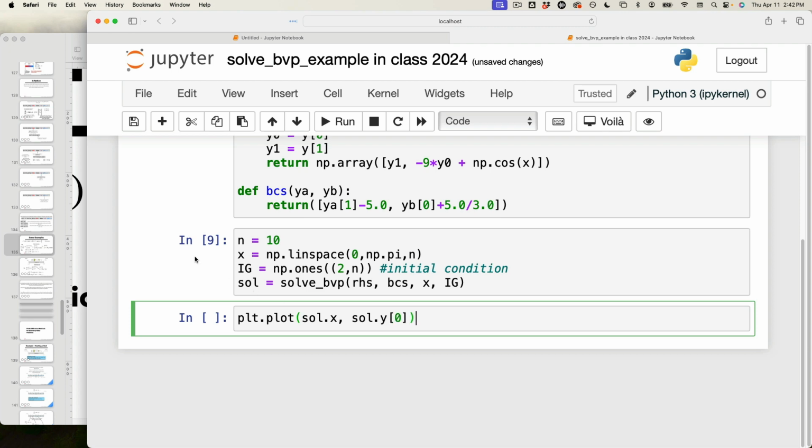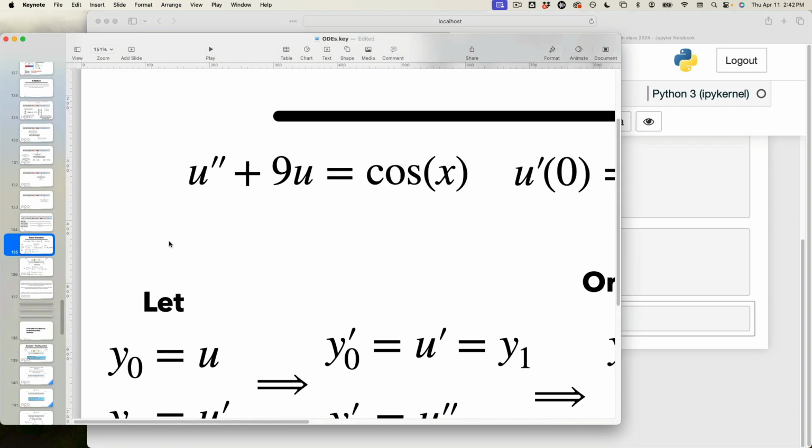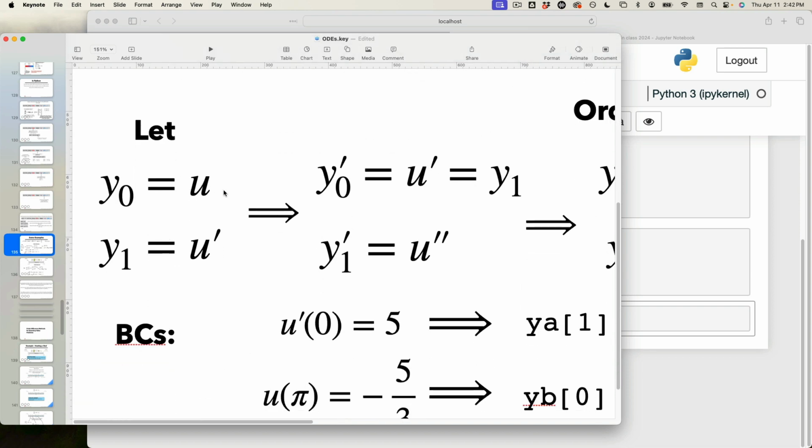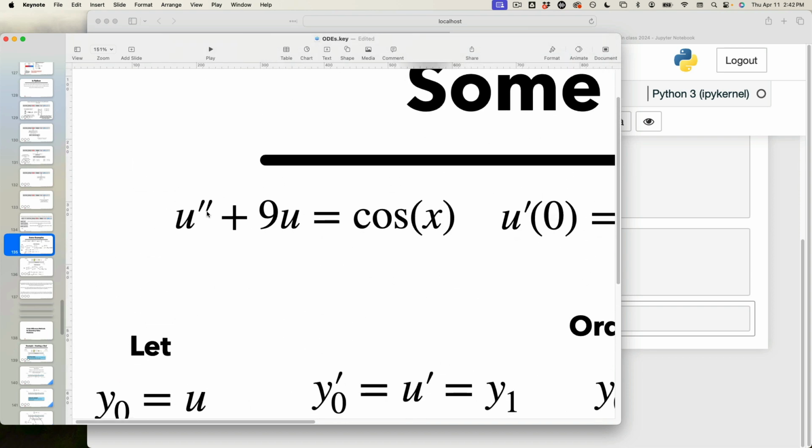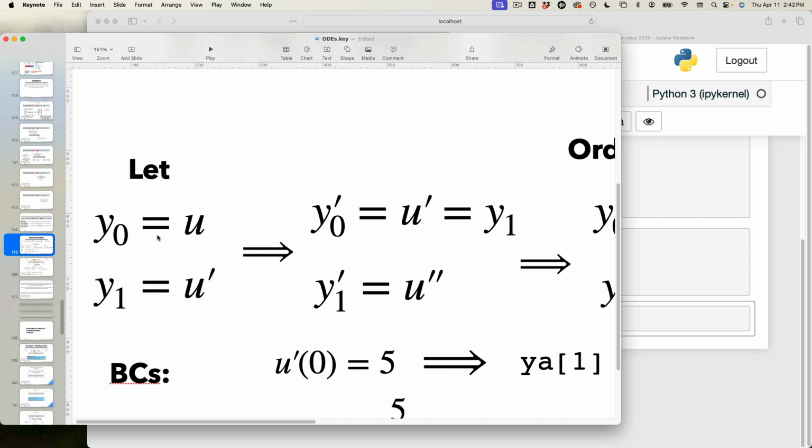So y0 is actually u, right? That's what we're after. When you solve this ODE, you're after u, not u prime or u double prime. So I don't really care much about y1. It might be important, but I really care about u. That's what I'm trying to solve.